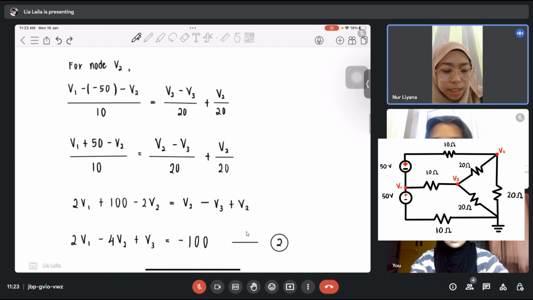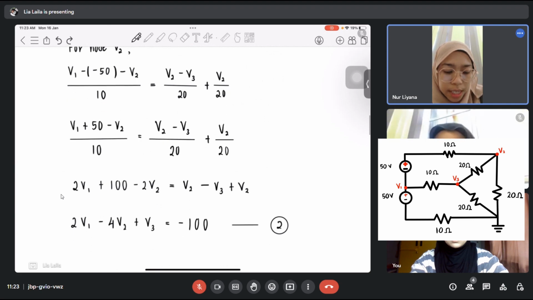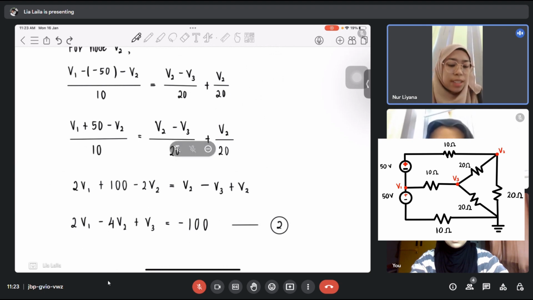Then for V2, (V1 minus negative 50 minus V2) over 10 equals (V2 minus V3) over 20 plus V2 over 20. So with the calculation, we get equation 2, 2V1 minus 4V2 plus V3 equals negative 100.